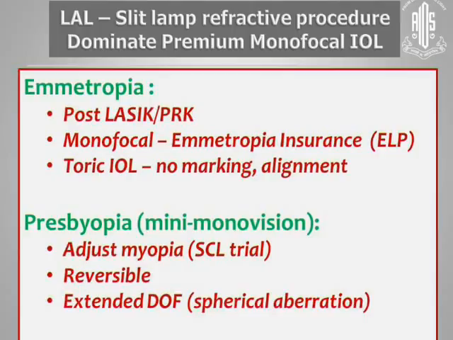Toric IOL, like we said, we may not need to mark or worry about alignment. We're just going to measure the refraction post-op at 1 month and treat it. And then for presbyopia, I think this is really where mini monovision will become the dominant place. We don't have to worry about any loss of contrast, anything unforgiving, no unwanted images, because you're going to finally guarantee one eye is distant.